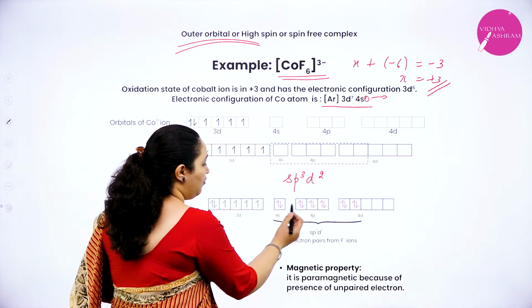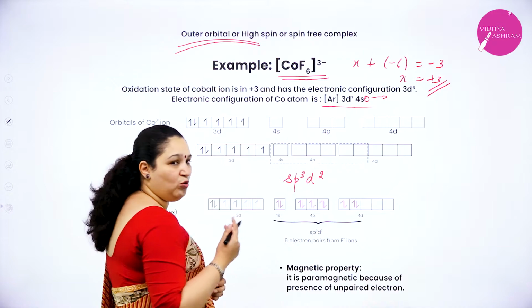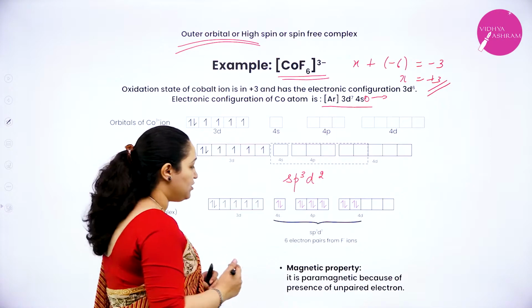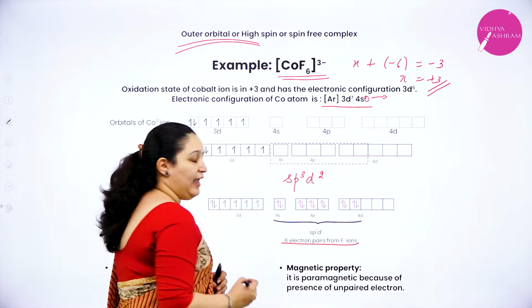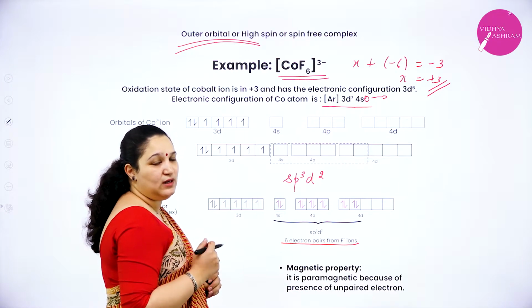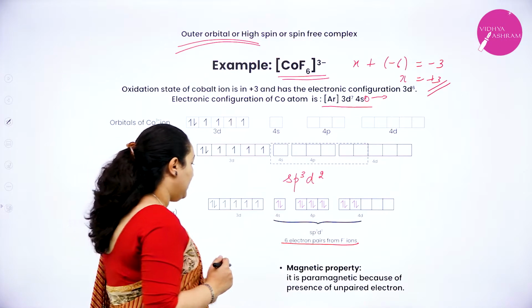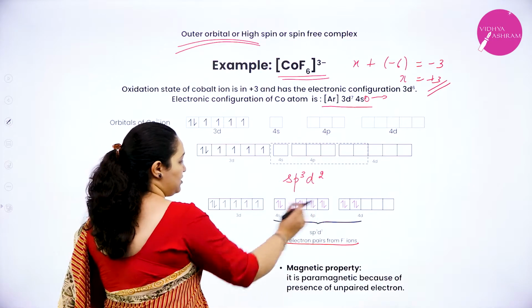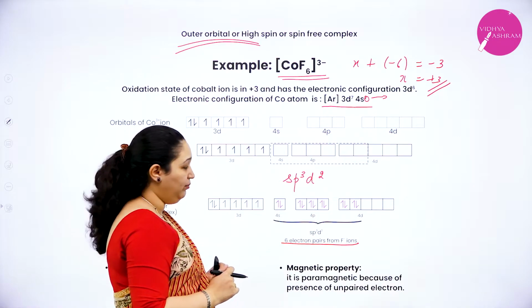You have here 4s, 4p and 2 of the 4d orbitals filled with electrons from F minus ions, that is fluorido ligands.